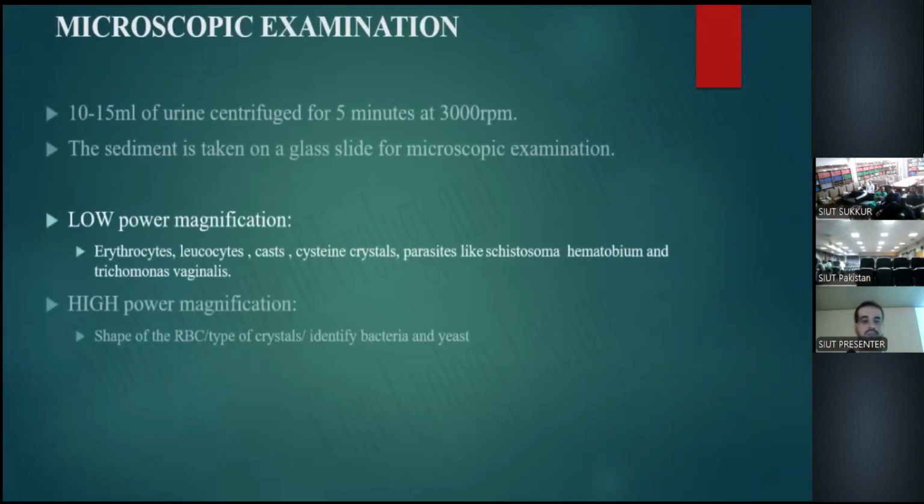So microscopic examination: 10 to 15 ml of urine is centrifuged for 5 minutes at 3,000 rpm. The sediment is placed on a glass slide for microscopic examination and examined under low power magnification, in which you can see erythrocytes, leukocytes, casts, cystine crystals, parasites, or others. Under high power magnification, you can see the shape of RBCs and the type of crystals, and then identify the bacteria and yeast.